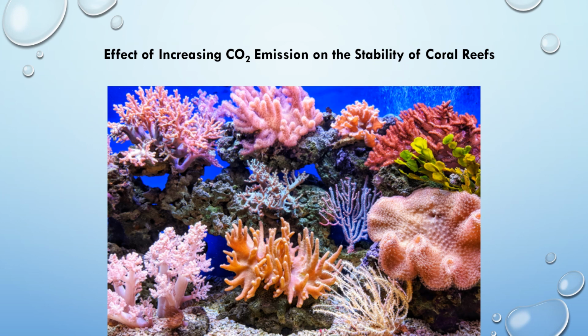In the comment below, discuss how this increasing CO2 emission can affect the stability of coral reef. I'm pretty sure you know the answer, but in the comment I want you to explain how it impacts the stability of the coral reefs, based on what we learned in this chapter.